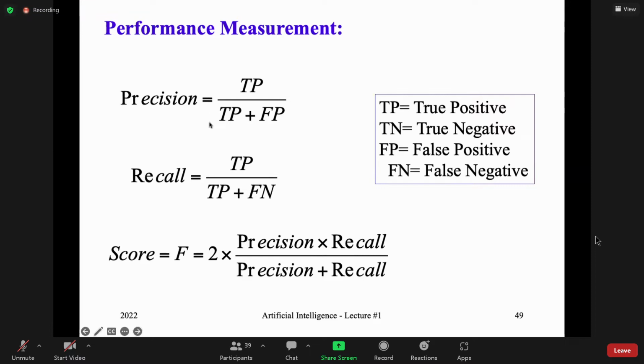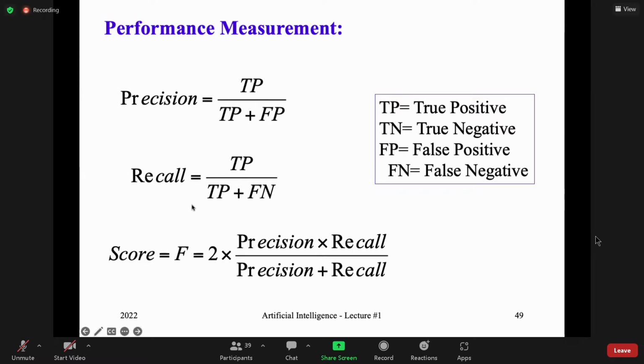So in fact, we can measure two metrics. The first one is the precision. So that is in fact this equation. We divide the true positive by true positive plus false positive.